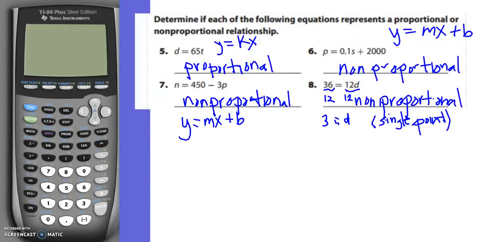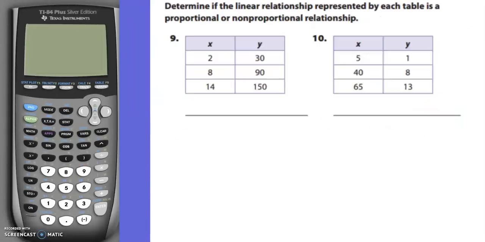Okay, let's take a look at number 9 and 10 using the table. Well, it doesn't have 0 on either one of these. So we want to determine if it's proportional or non-proportional. What we could do is see if it has a constant rate of change by doing k, y divided by x.